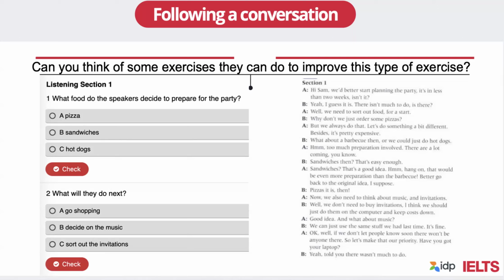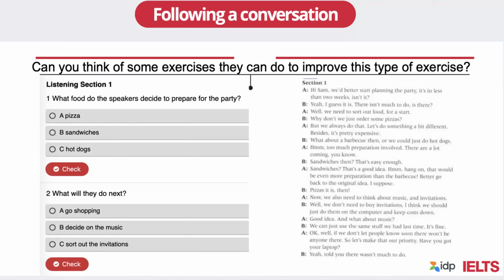There are a lot coming, you know. Sandwiches then? That's easy enough. Sandwiches? That's a good idea. Hang on. That would be even more preparation than the barbecue. Better go back to the original idea, I suppose. Pizza it is then. Now, we also need to think about the music and invitations.